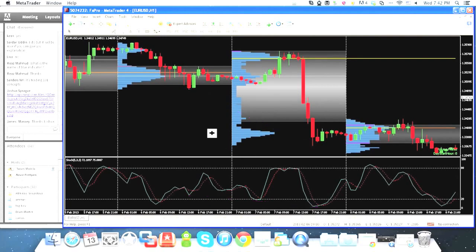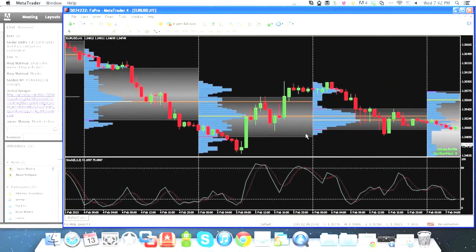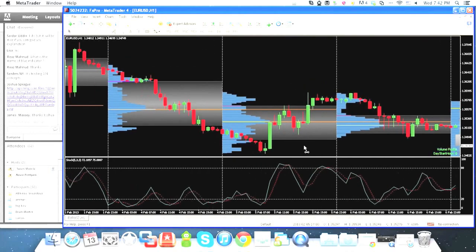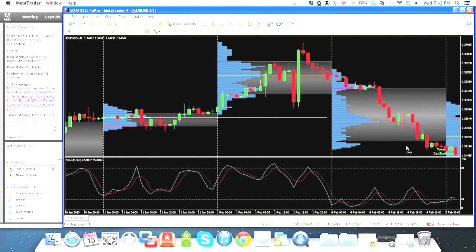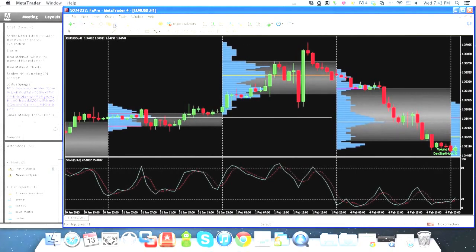Now, let me give you an example here. Let's take a look at this one. The markets are going up, create a high, come down, and then go up again and create a higher high. If you draw this to here, you have a higher high. Do we have that same information on our indicator?